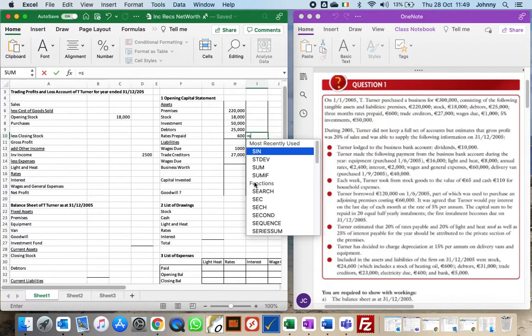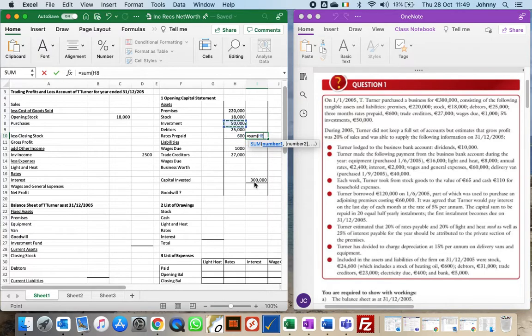So that's all the assets. These are the liabilities. So take the two of them away, and that gives us what the business is worth.